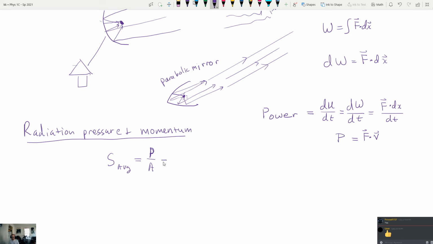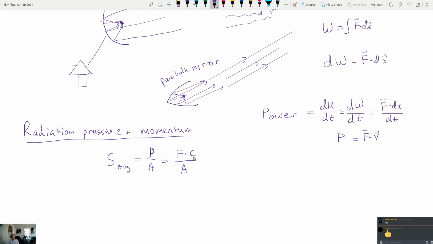And if we do that in this equation, we can write this as force times velocity divided by area. And for now, let's just assume that the force and the velocity are in the same direction, so we don't need to worry about the vectors. And since we're talking about light radiation, what am I going to put in here for the velocity? C. Yeah, you're going to put the velocity of light right here.